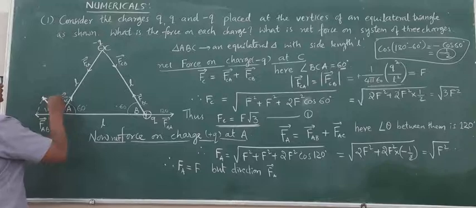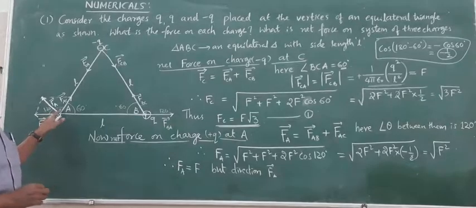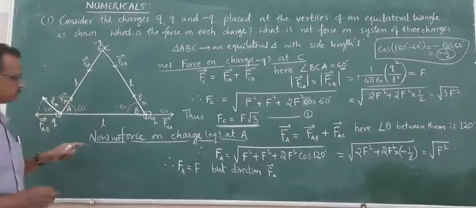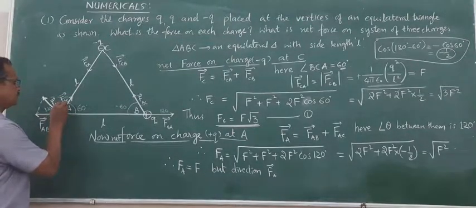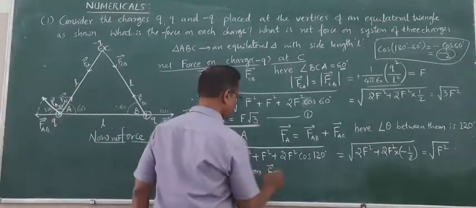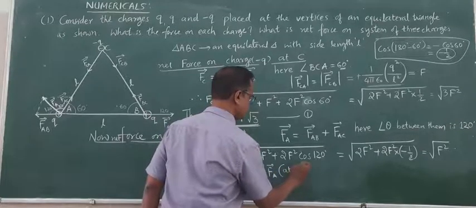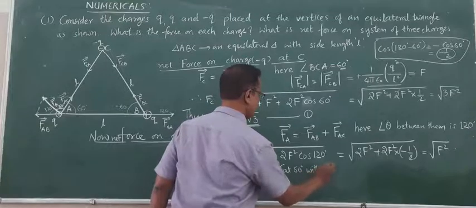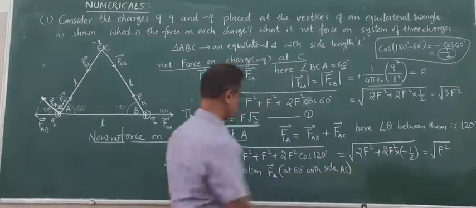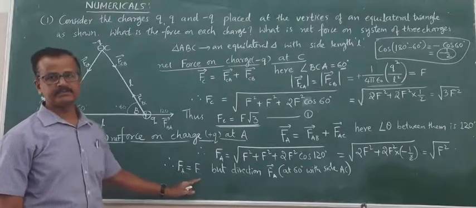So from the symmetry I can say it is directed at an angle of 60 degree with respect to the side AC. Direction of FA is at 60 degree with side AC. Now that is direction of FA and magnitude of FA, which is equal to F.